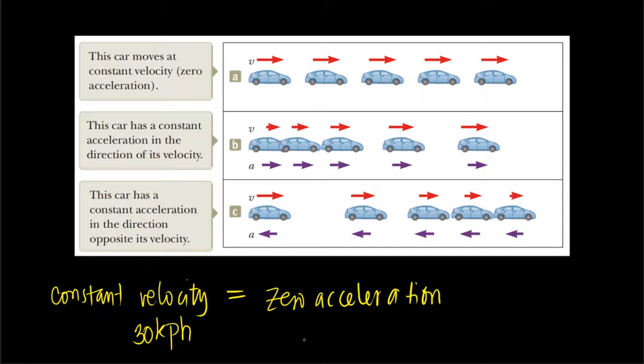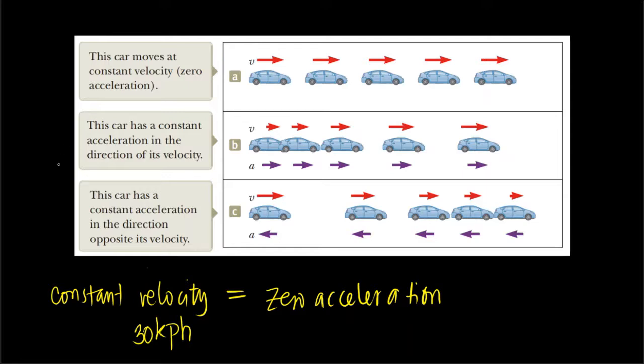Because of that, constant siya gani, wala naga-change ang iya nga velocity. And acceleration only happens when there is a change in velocity. So, since it's constant, ang iya velocity wala naga-change, zero na ang iya nga acceleration. Okay, so note that, steady lang ang velocity, wala kita sa acceleration.